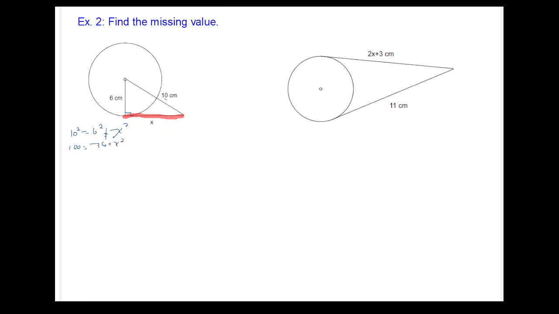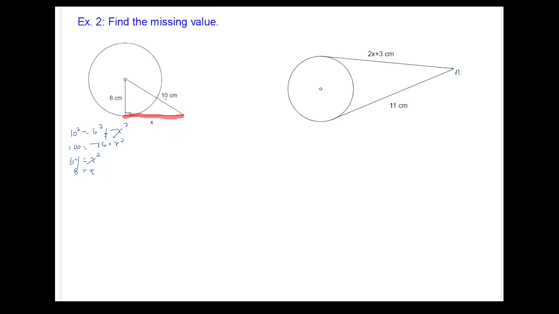Subtract 36 from both sides, and we get 64 is equal to x squared. Take the square root of both sides, and we get x equals 8. So here's an example where we're using some of the properties of the circles and relating it to the trigonometry that you already know. And the last example that we're going to do here looks at a point out here.